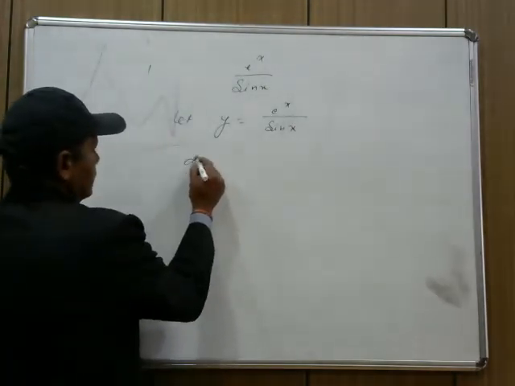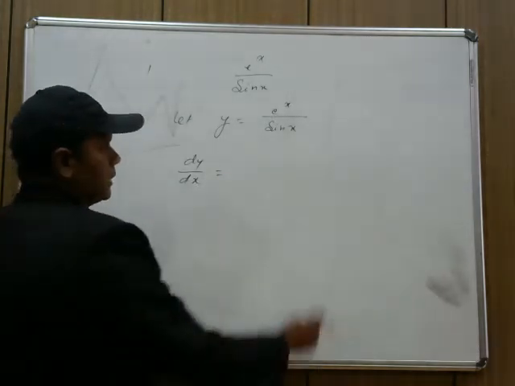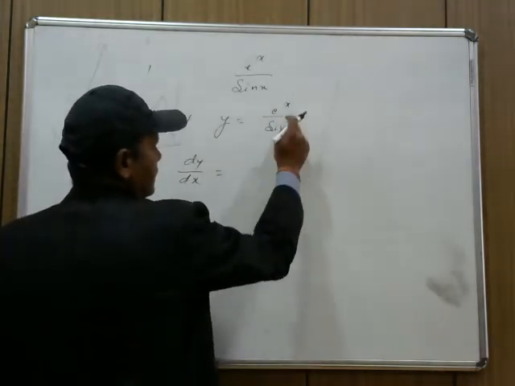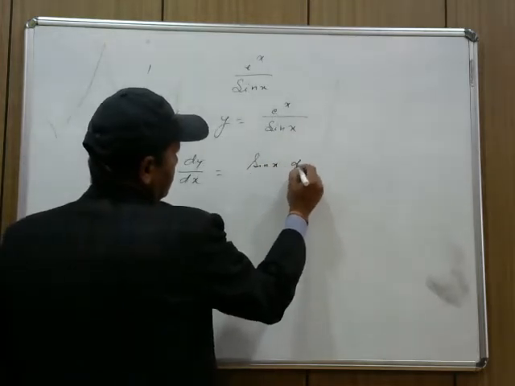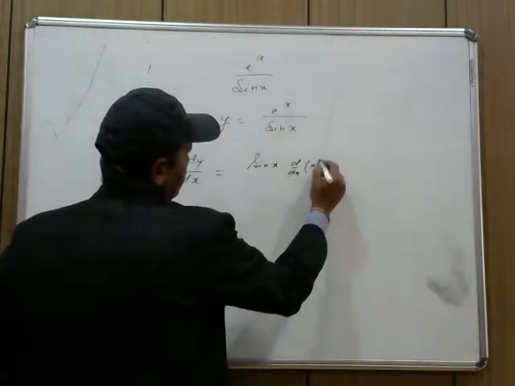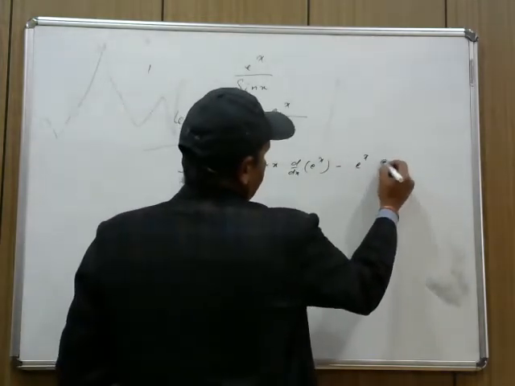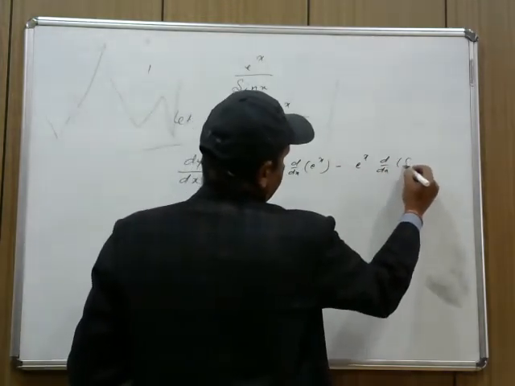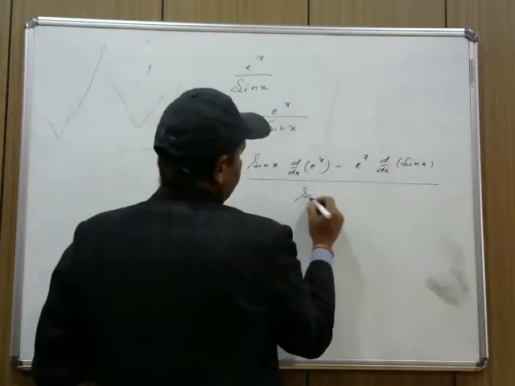Therefore, differentiating with respect to x, we get dy by dx is equal to differentiation of first, second as it is, minus first as it is into differentiation of second, whole divided by sine x whole square.